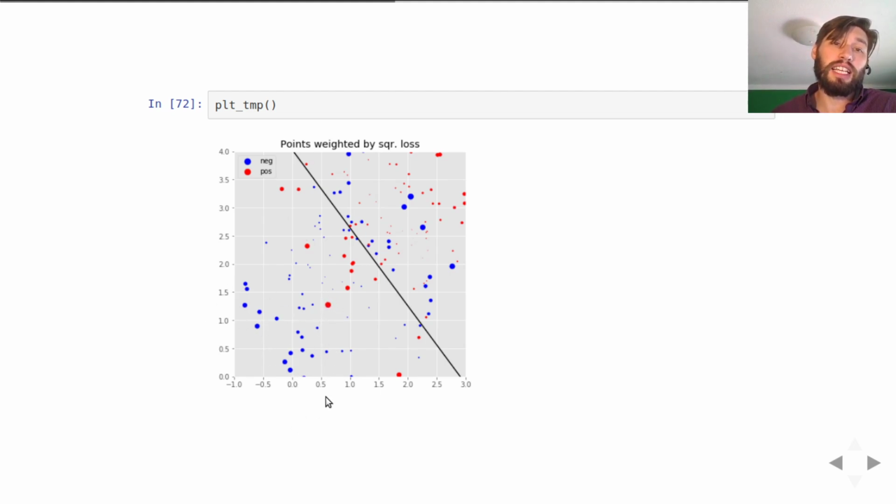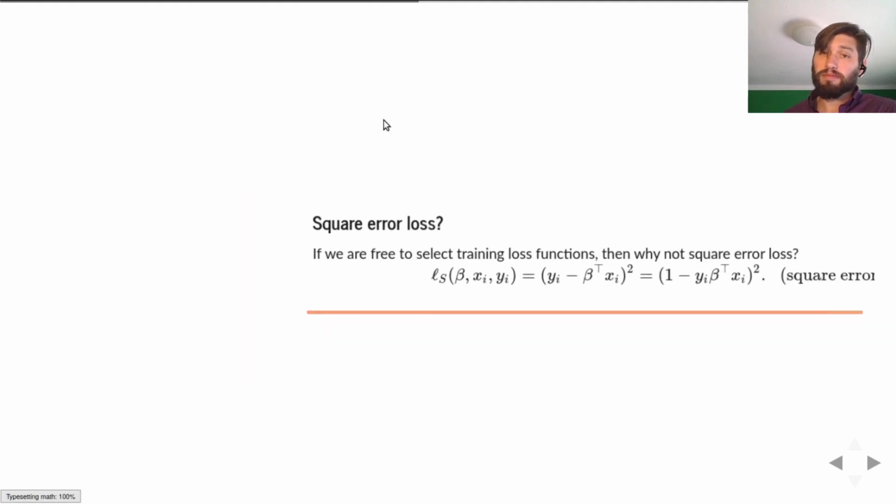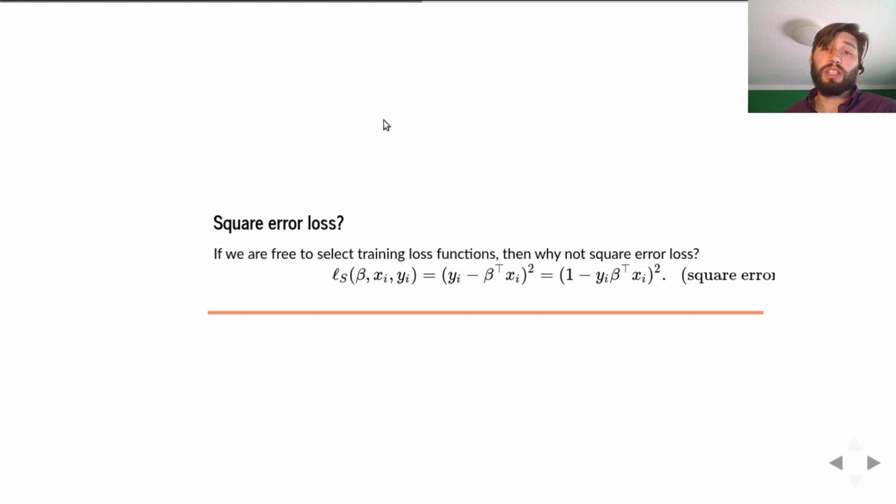You could imagine that that would push our loss to worry about these points, which we shouldn't be worrying about because they're correctly classified. Not just correctly classified, but they're very far from the margin. The same with the red. We have these points over here which have a high loss, but they're correctly classified. So that's the problem with the square error loss, and that sort of answers that first exercise we gave.